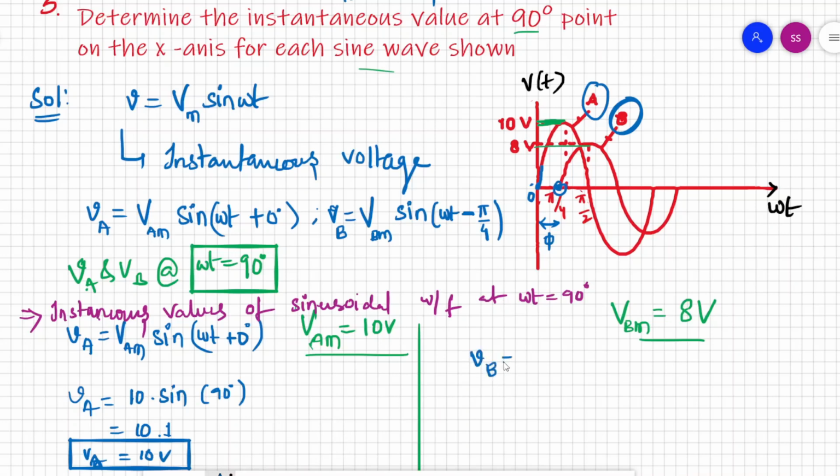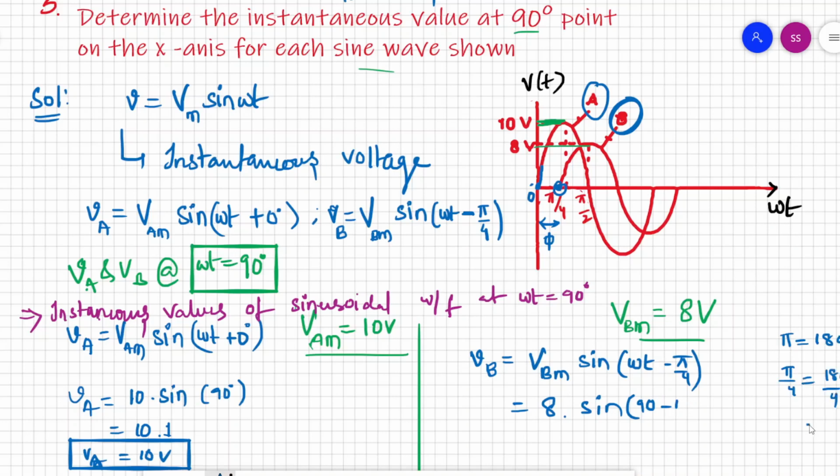Instantaneous value of second waveform is VBM sine, it has started after pi by 4, that is minus pi by 4 degree. So VBM is 8 volts and omega t is 90 degrees here, minus pi by 4. What is pi here? Pi value is 180 degrees equivalent. So pi by 4 will be 180 by 4, that is nothing but 45 degrees. Okay, pi by 4 is nothing but 45 degrees.